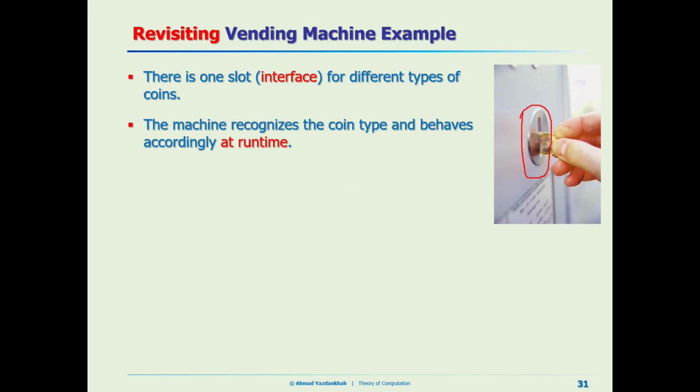At runtime, when someone inserts a coin, this is a runtime example, it will recognize what coin it was, right? Now I am asking you, isn't this an example of polymorphism? We have one slot, a parent slot, and the coins could be considered as the children, right?